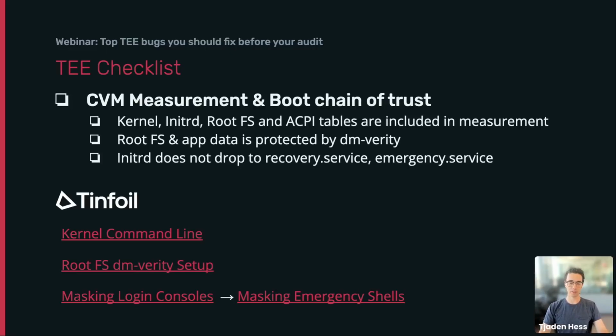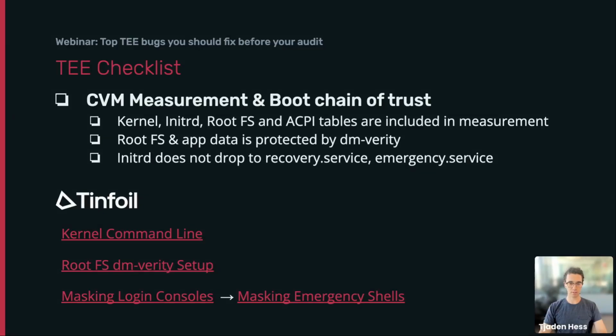The basics are that you can measure all of the code that runs at boot to give you a static root of trust.